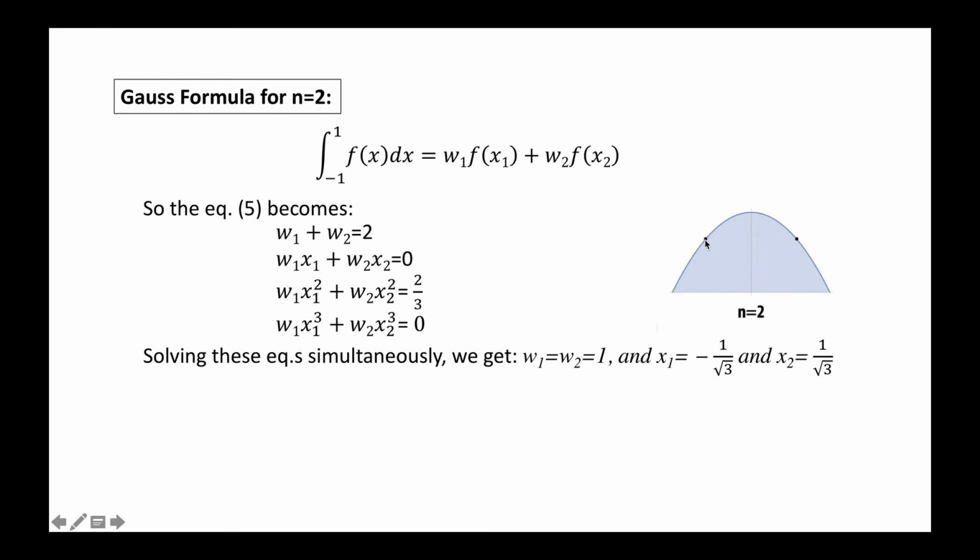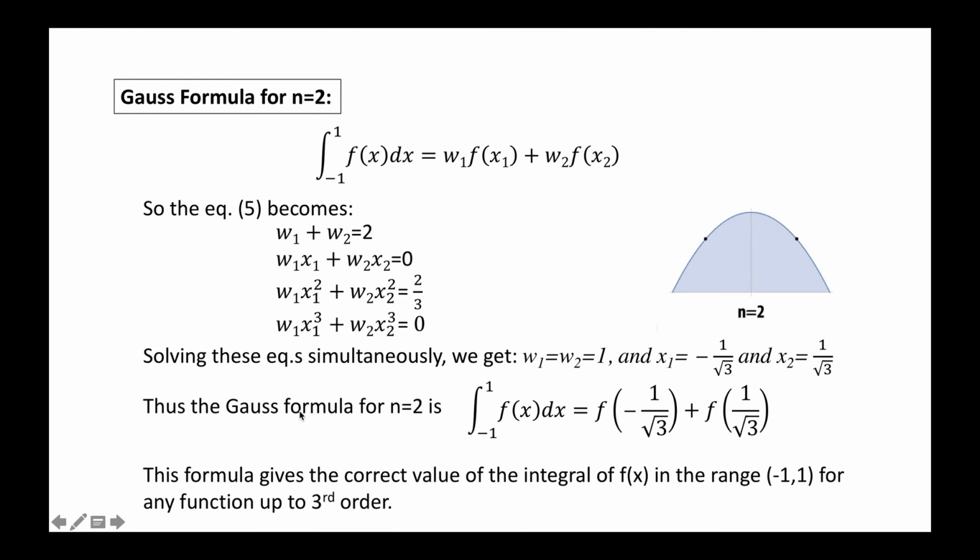So we have considered these 2 points for evaluating the integral. Thus, the Gauss formula for n is equal to 2 is: integral from minus 1 to 1 of f(x) dx is equal to f of minus 1 by square root of 3 plus f of 1 by square root of 3. The weight is 1. So this formula gives the correct value of the integral of f(x) in the range minus 1 to 1 for any function up to third order.